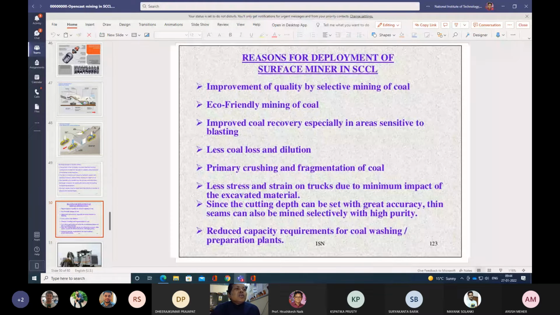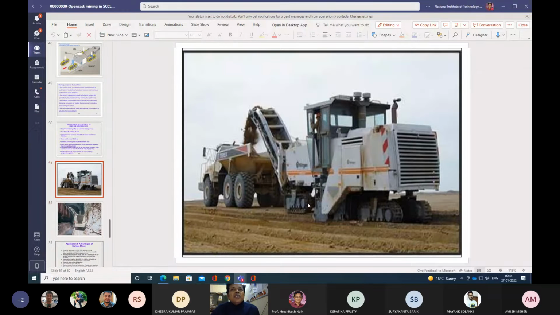So this is the surface miner technology. This is the machine, just see the machine. This is how it works in a surface mine. This is the front crawler, this is the cabin where the operator sits, and these are the lights as I have told, and this is the back crawler.